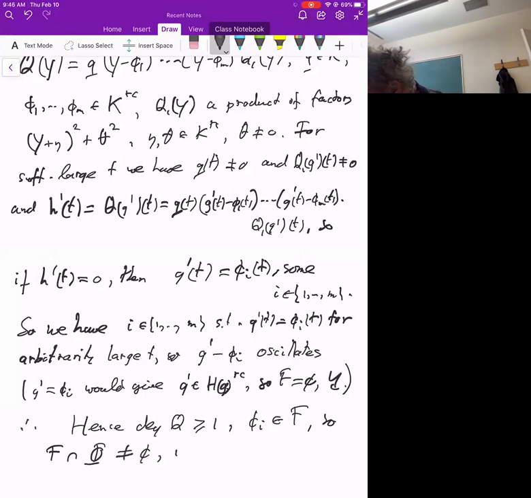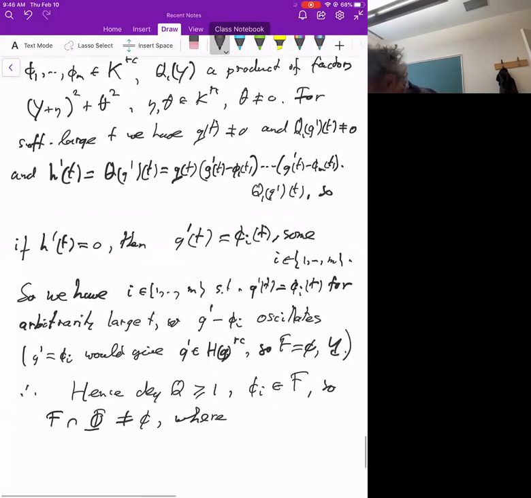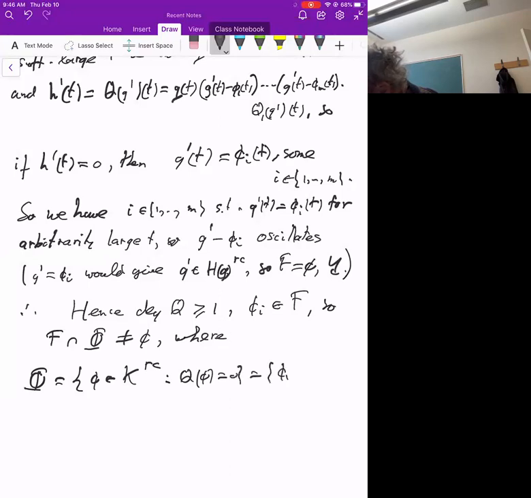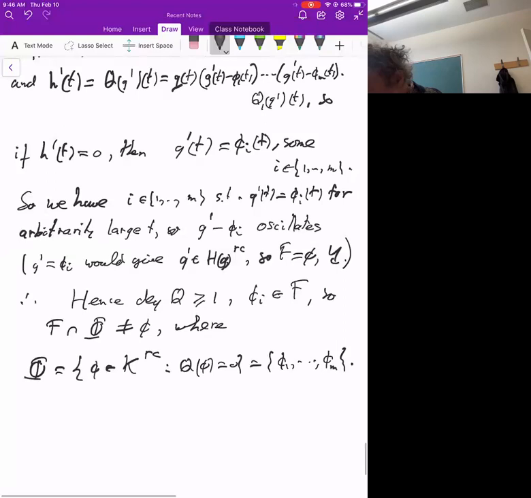Where capital Phi is simply all the solutions in the real closure, all the roots, so to say, of the equation q of phi is 0. This is simply phi_1 to phi_m. Right, so F has at least one element in common.